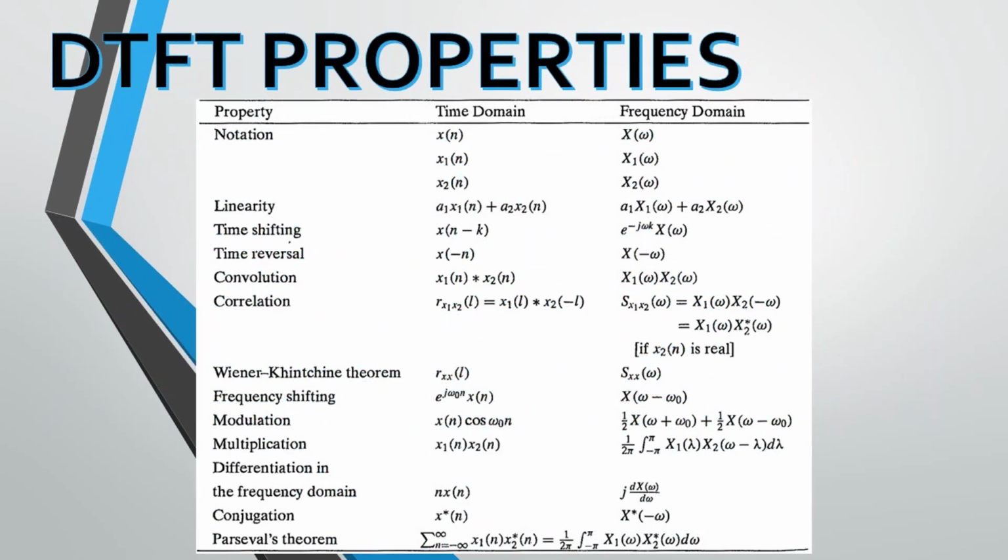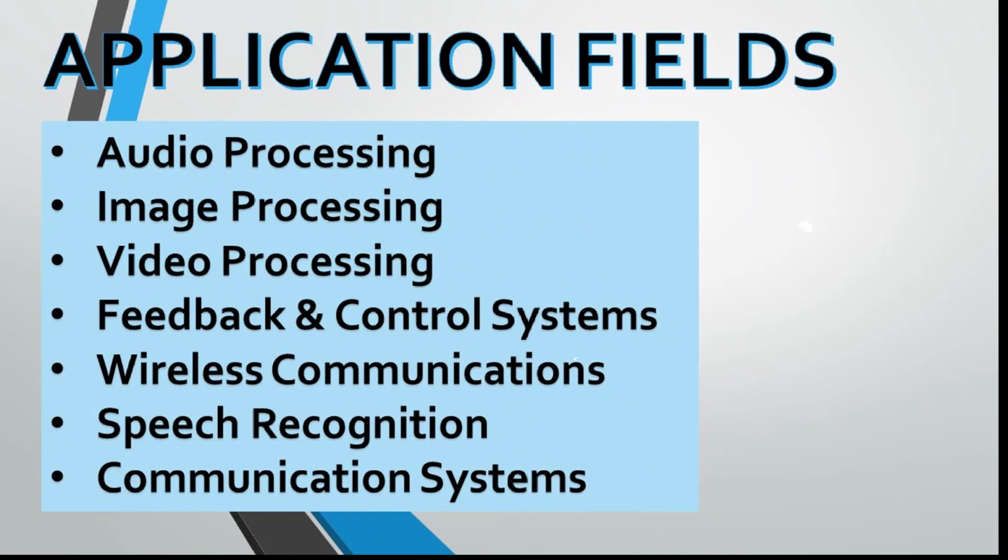In summary, these are the DTFT properties. If we talk about DTFT, we have different practical applications such as audio processing, image processing, video processing, feedback and control systems, wireless communications, speech recognition, and communication systems in OSI layers 1, 2, and 6.